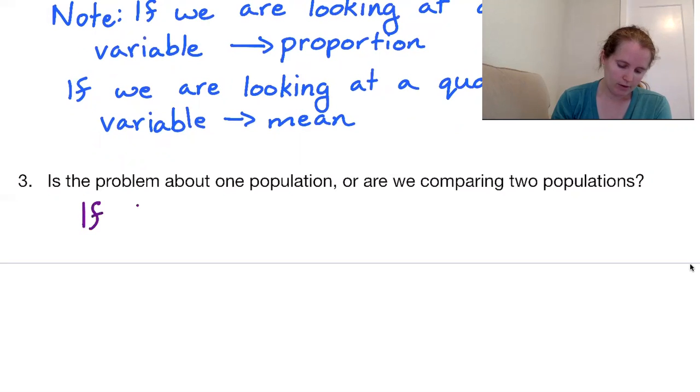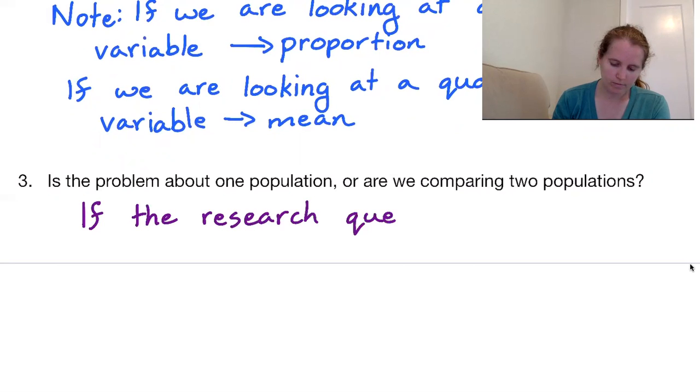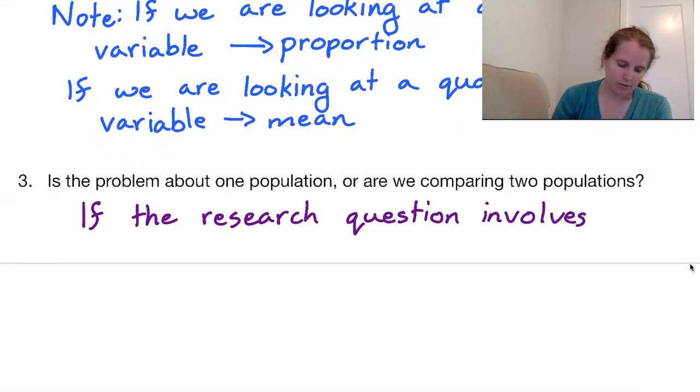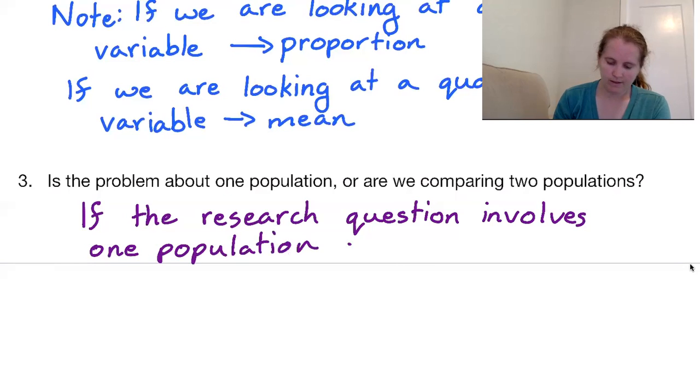So if the research question involves one population, then we are working with one population.